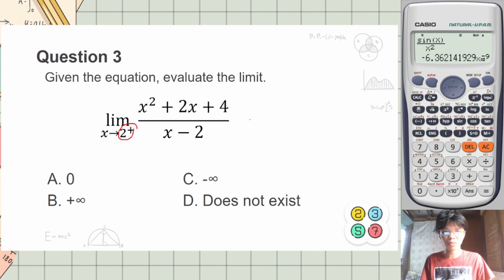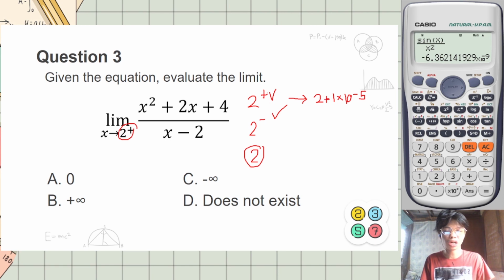With limits like this, it can be 2 positive, 2 negative, or just 2. If it is just 2, you approximate both the positive and the negative sides. But since it is not just 2, it is 2 positive, so you approximate with a value with a plus: 2 plus 1 times 10 raised to negative 5. That is the limit for 2 positive.